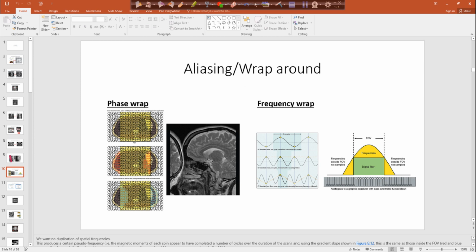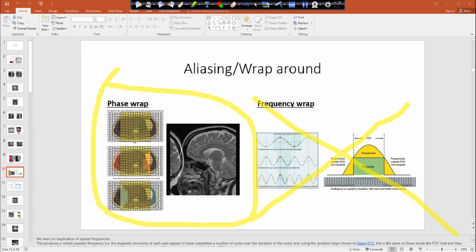The next artifact we talked about was aliasing or wraparound. So make sure you know that those are interchangeable. The main one we really talked about and want to highlight is our phase wrap, because the system really just eliminates this one. Okay? The system pretty much automatically compensates for it with this digital filter.